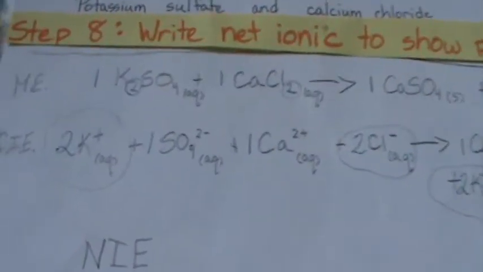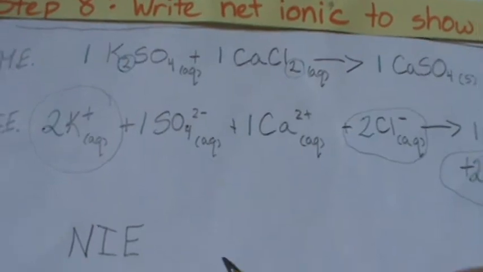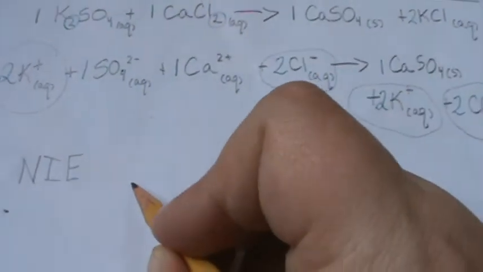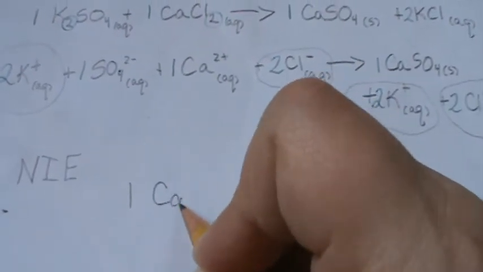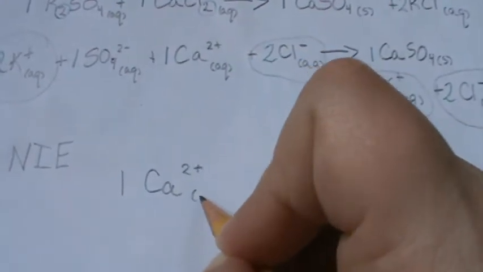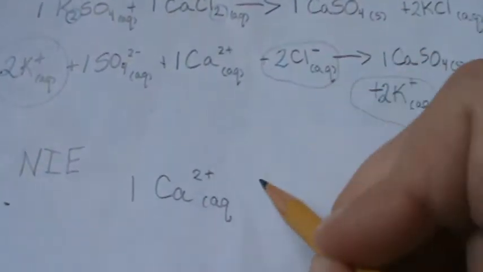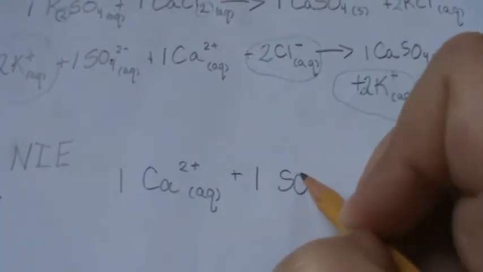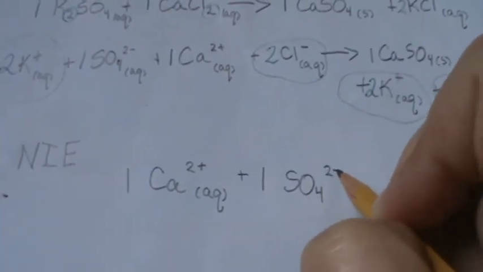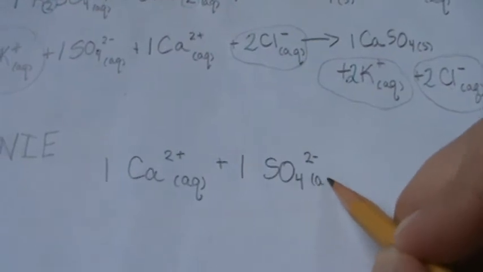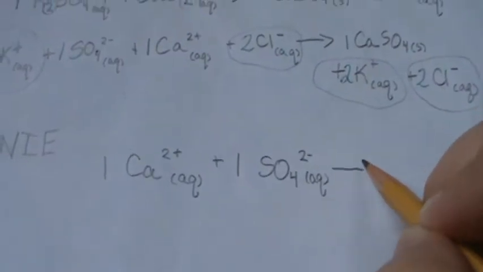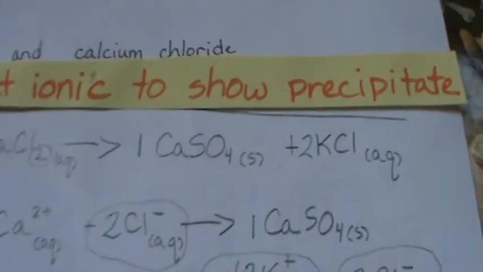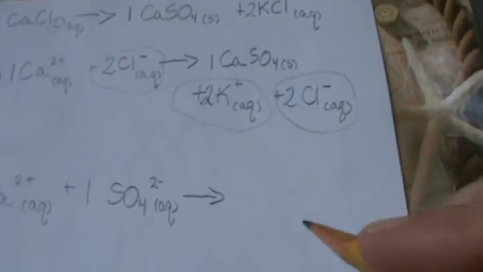So then I come down here to my net ionic equation and I write the 2 ions that are reacting, 1 calcium plus 1 sulfate yields 1 calcium sulfate.